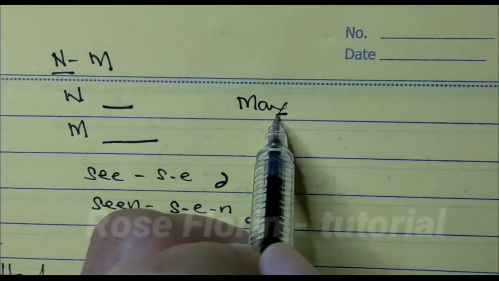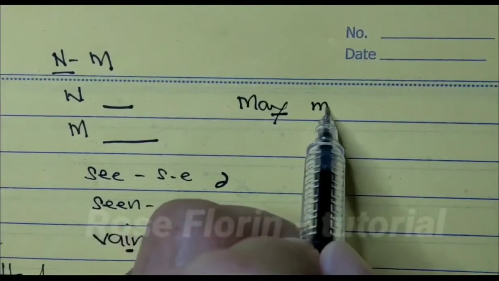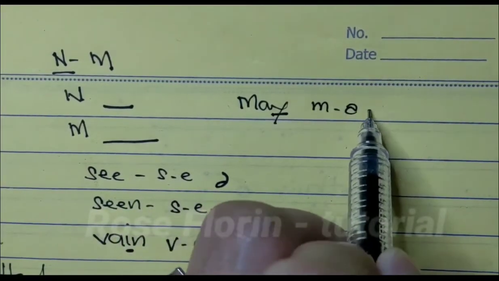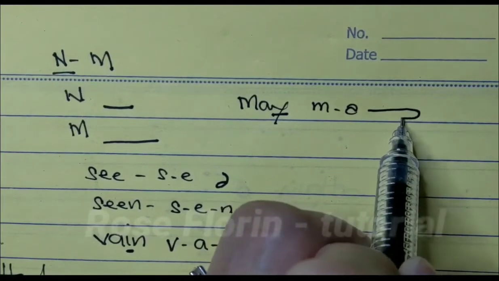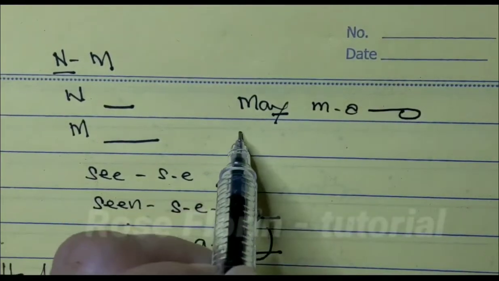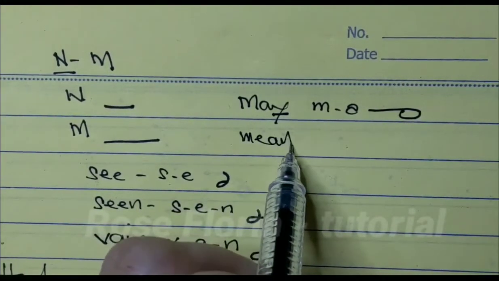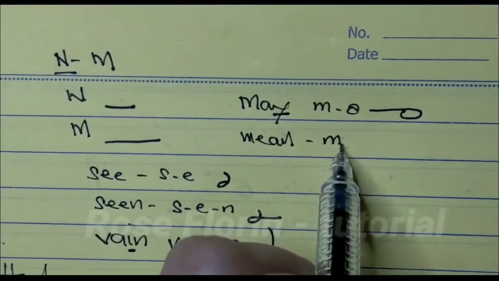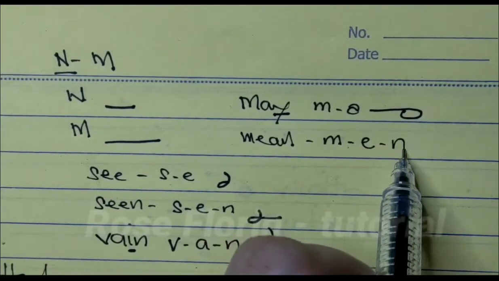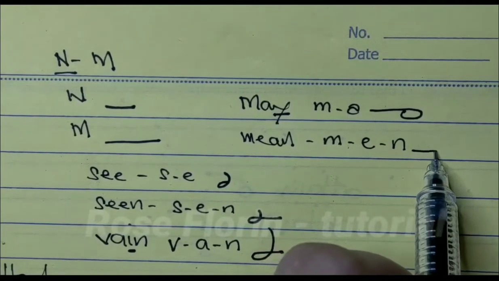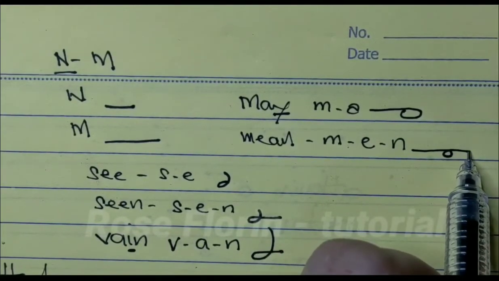Y is omitted. M-A. Mean, M-E-N. So, letter M, letter E, N.